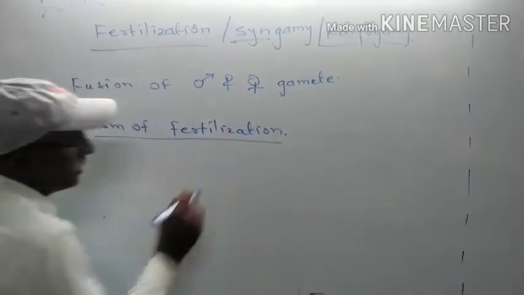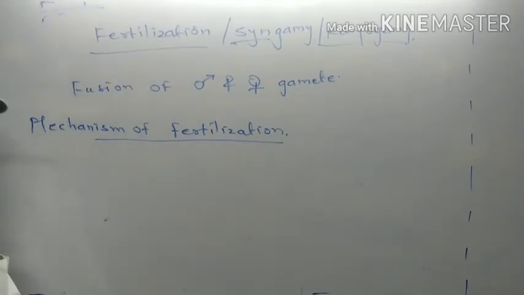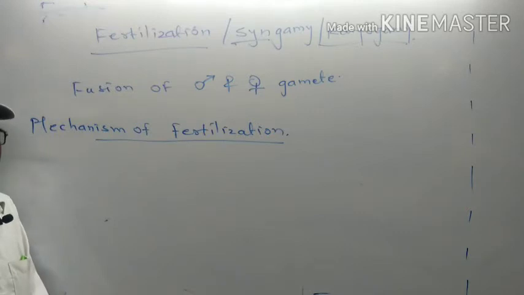When the semen is ejaculated in the vagina, it is in a coagulated, frozen form.